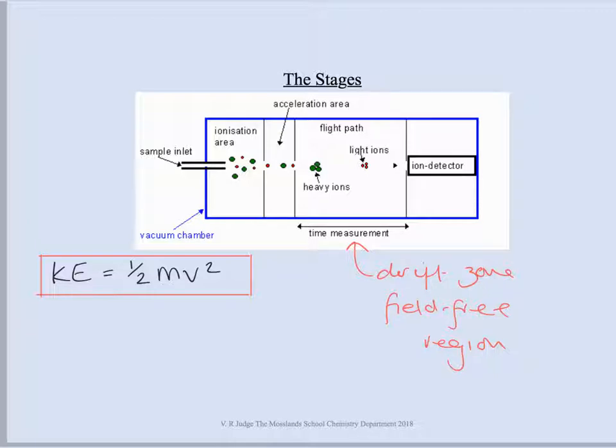That means the velocity, the speed at which they travel along this region of the mass spectrometer, is affected purely by mass. So velocity is related to the mass of the particle travelling through the mass spectrometer.